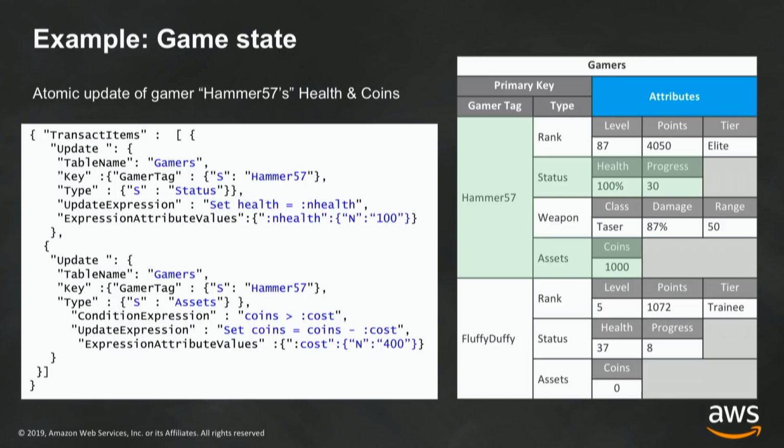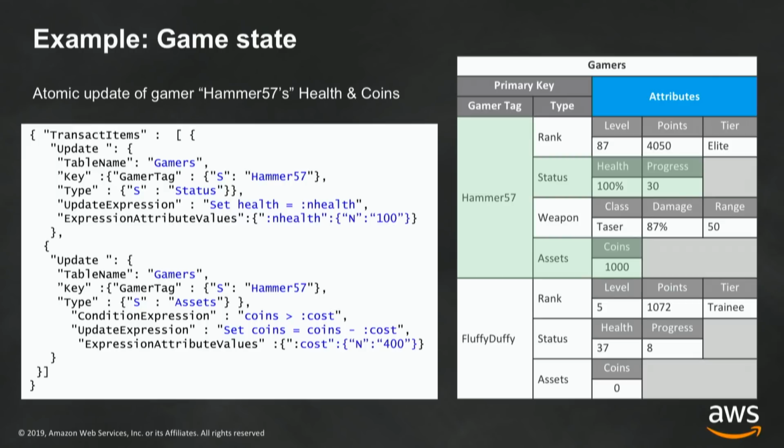In some cases, we're talking dozens, hundreds of kilobytes. I don't necessarily want to do reads and writes of so much data with every operation that I need to perform. So I can simply read the assets and status for this gamer. And of course, this is naturally a transactional operation.